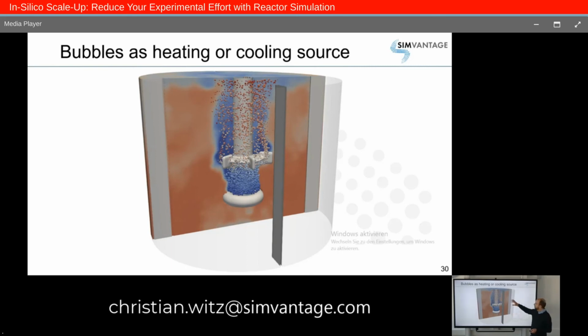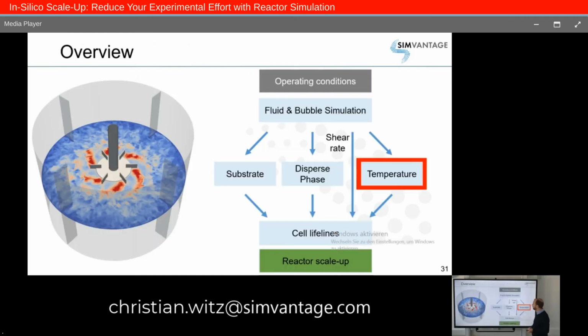We had one case where there was an unexplained cooling in the reactor, and we could explain that with the cold air which was pressed into the reactor. Of course the cold air heats up as the bubbles rise in the reactor, but the liquid cools down and that gives a temperature gradient which was previously unexplained but could be explained by a simulation.